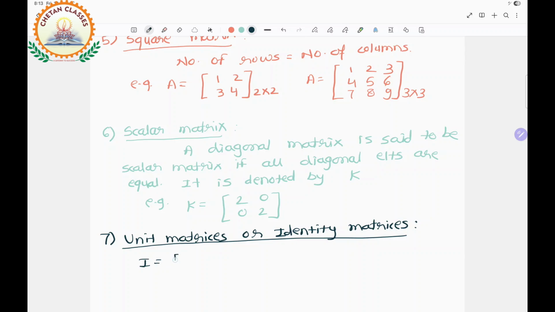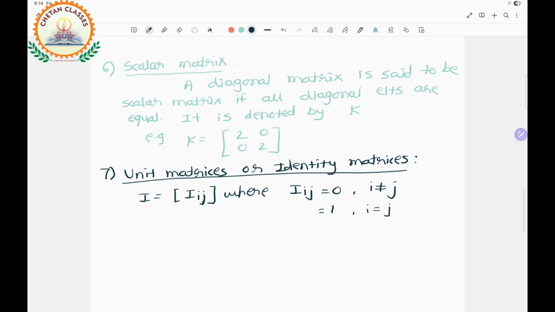So I is equal to matrix Aij, where Iij is equal to 0 if i is not equal to j, and 1 if i is equal to j.